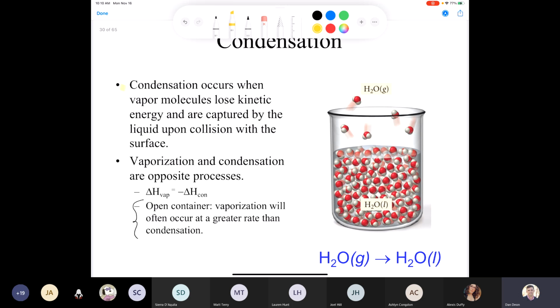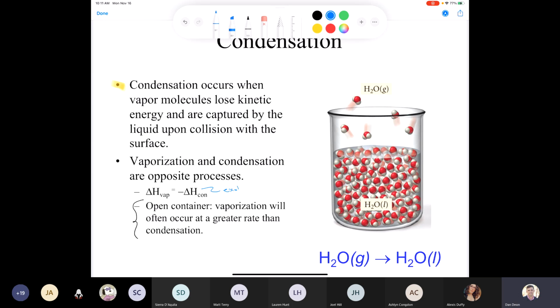Now, if we go back to the top, it says condensation occurs when vapor molecules lose kinetic energy and are captured by the liquid upon collision with the surface. Vaporization and condensation are opposite processes. Condensation is an exothermic process. If I look at delta H of condensation, it's the negative of the delta H of vaporization.